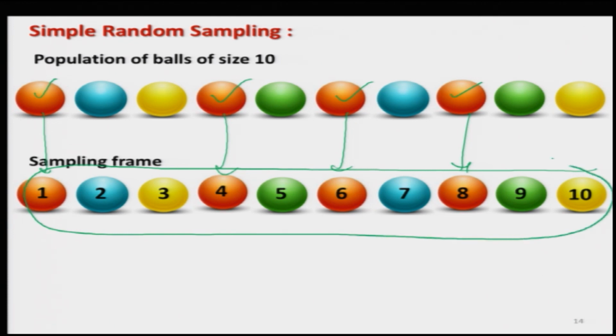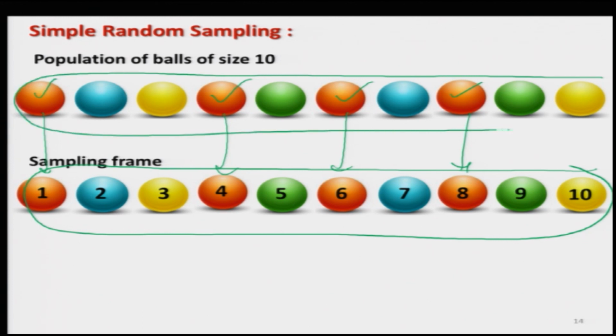So this is my sampling frame, whereas this one is the collection of the balls, but there are no identification tags. So this is only a population. This is the basic difference between the population and a sampling frame, right.